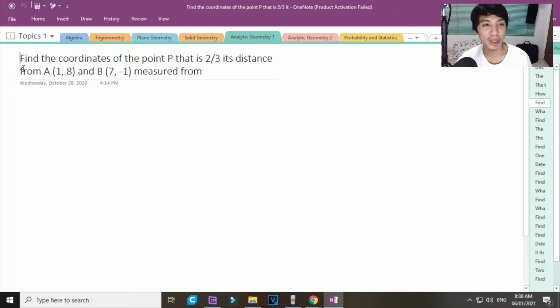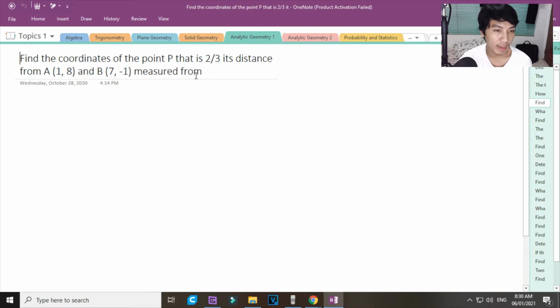And for number 2, find the coordinates of the point P that is 2/3 its distance from, yan, binigyan ka na ng line segment, 2/3 of its distance from A and B, measured from.